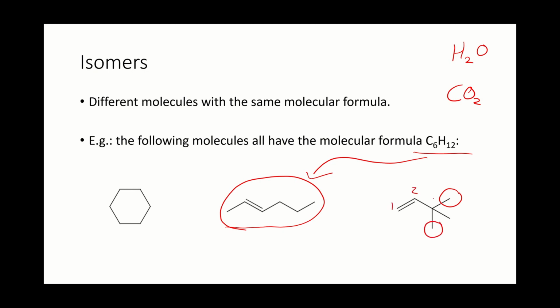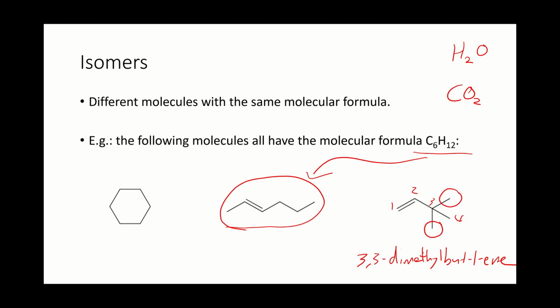If I go 1, 2, 3, 4, it is a 3,3-dimethylbut-1-ene. Now the name of that molecule is not too important for this, but the key idea is that this molecule also has a molecular formula of C6H12.